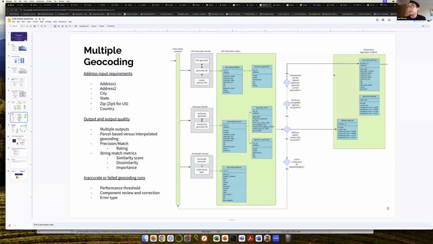Then that's something you can establish as the best geocode coming out from this one. How does that compare with DeGAUSS, where their string match and rating might be slightly different? But reconciling it across the different methods, that's the current difficulty.